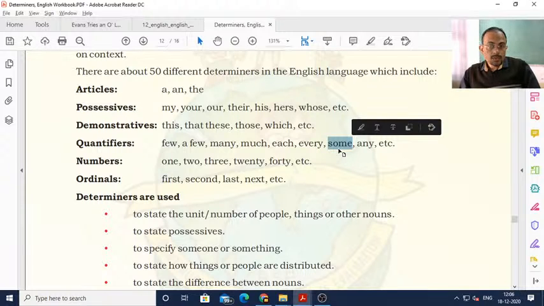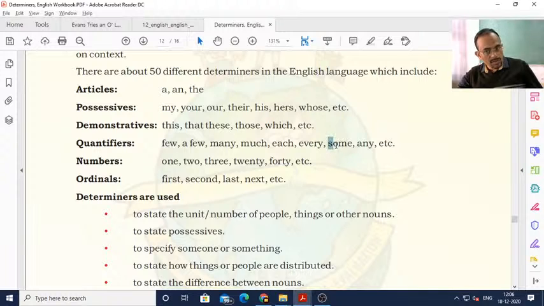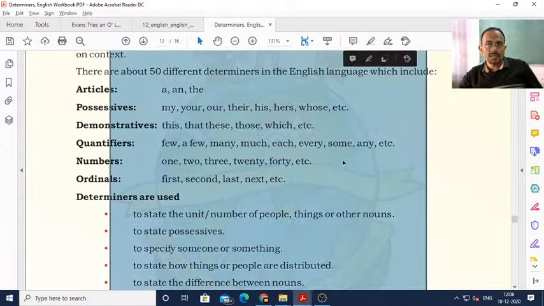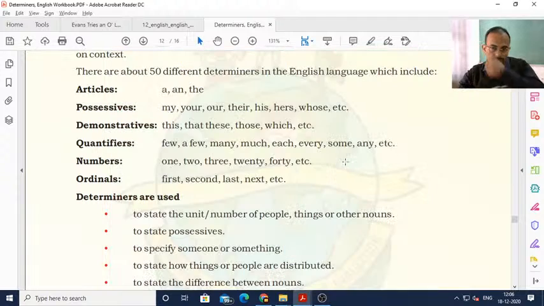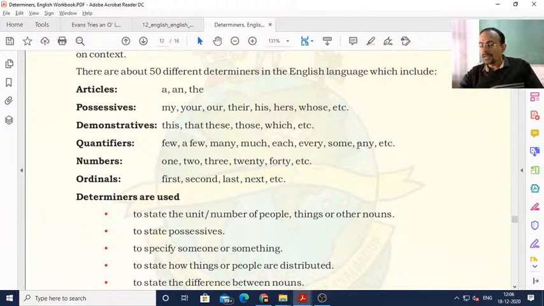And as I told you, some is both a countable determiner as well as an uncountable determiner. So it depends on in what context you use it. Then any is also the same. It can be a countable determiner also, it can be an uncountable determiner also. For example, if I say is there any book with you, it will be a countable determiner.